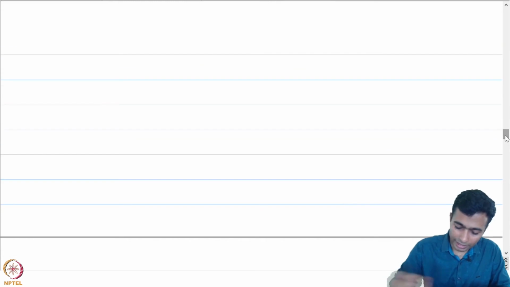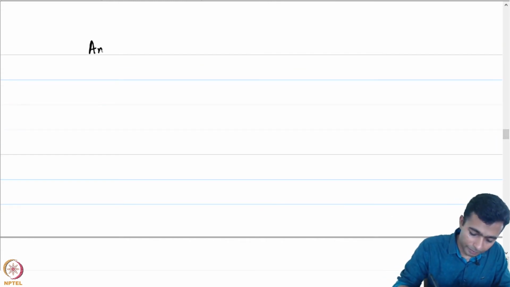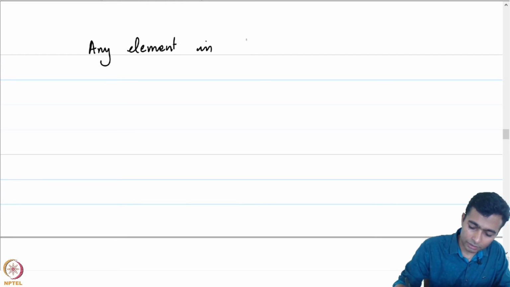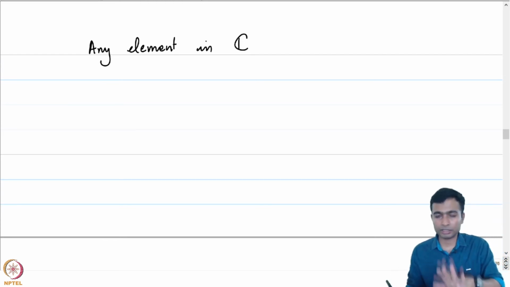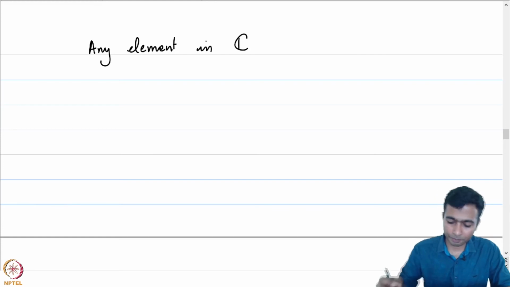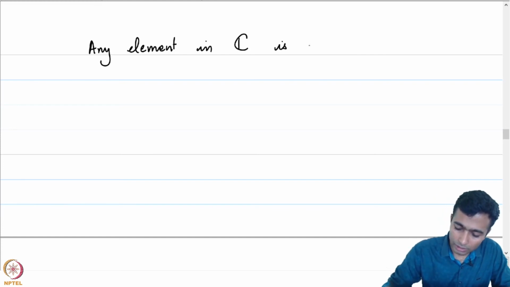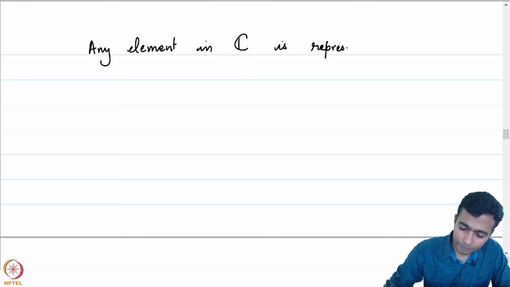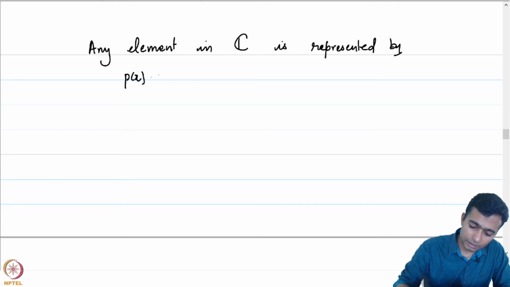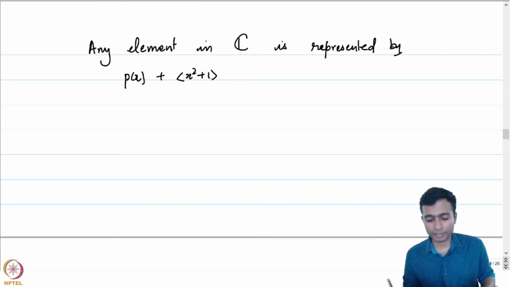How can we say that? Look at any element in C. Remember that C is R[x] mod x square plus 1. This is represented by P of x plus the ideal generated by x square plus 1, some coset, by some polynomial P of x.